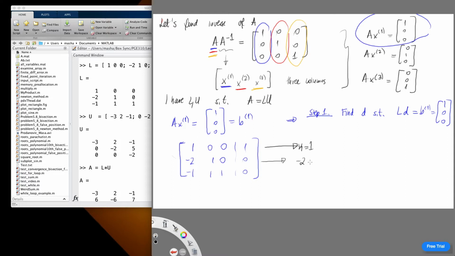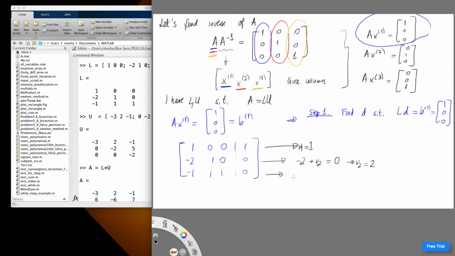Minus 2 times 1 plus x2 is equal to 0. What is x2? 2. It's that simple. When I have a lot of zeros, it goes fast.